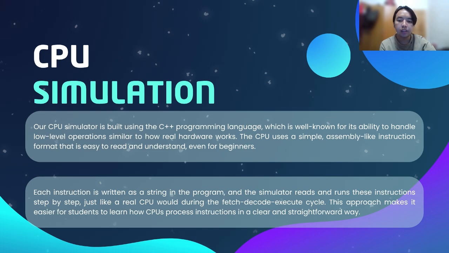Each instruction is written as a string in the program, and the simulator reads and runs these instructions step by step, just like a real CPU would during the fetch, decode, execute cycle. This approach makes it easier for students to learn how CPUs process instructions in a clear and straightforward way.